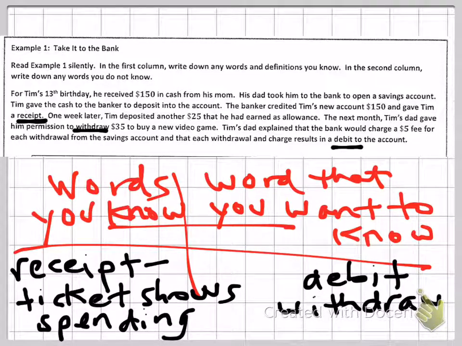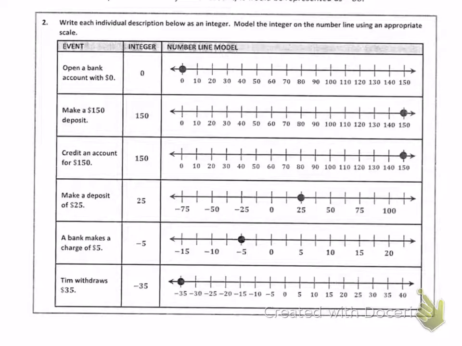So you can pause it. Look for words you already know and look for words that you want to know. And once you're done with your two-column note, go ahead and start finding a definition for those words.